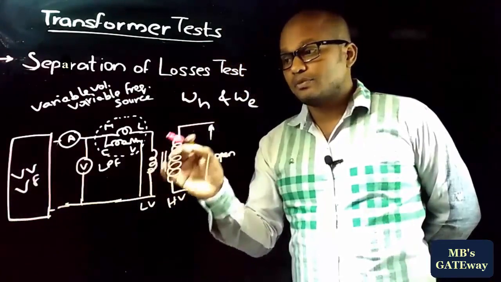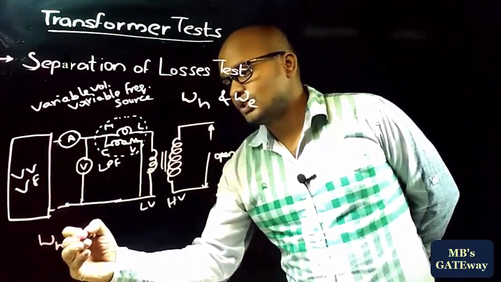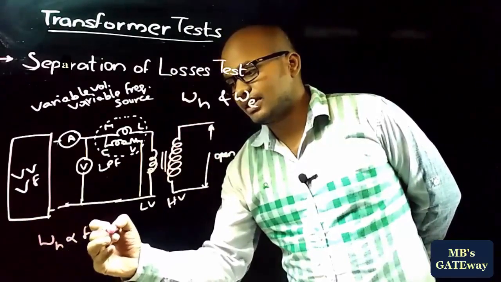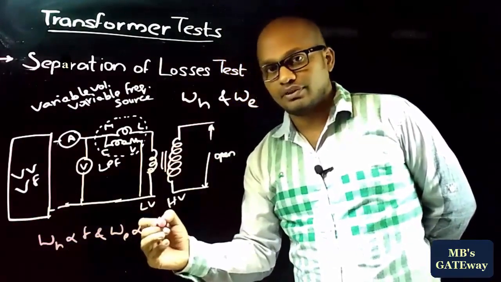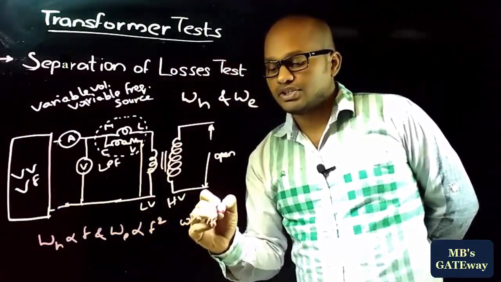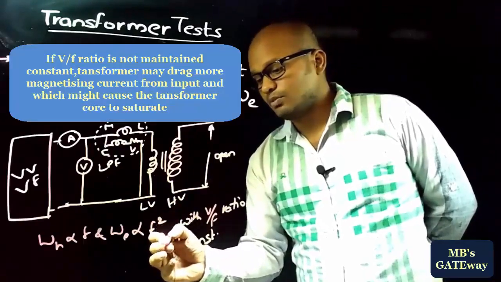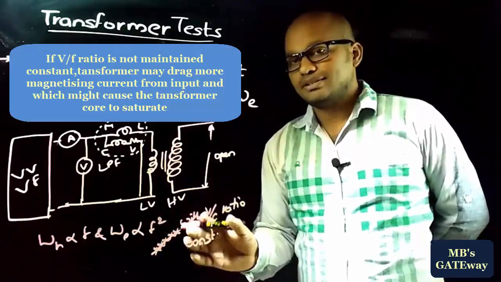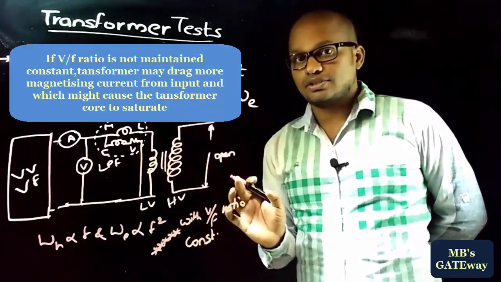As it is discussed from the losses topic that hysteresis losses are directly proportional to frequency and eddy current losses are directly proportional to square of the frequency with V by F ratio constant. So this is the important point that you must make a note of. Means in separation of losses test, V by F ratio is maintained constant.